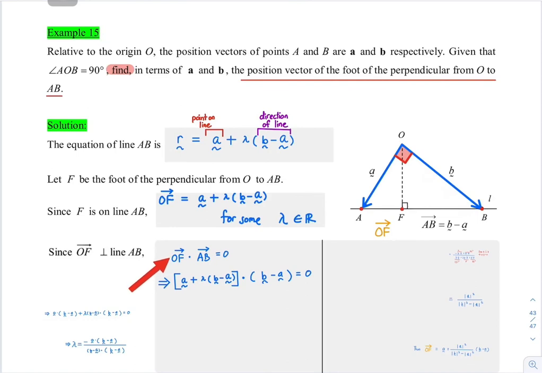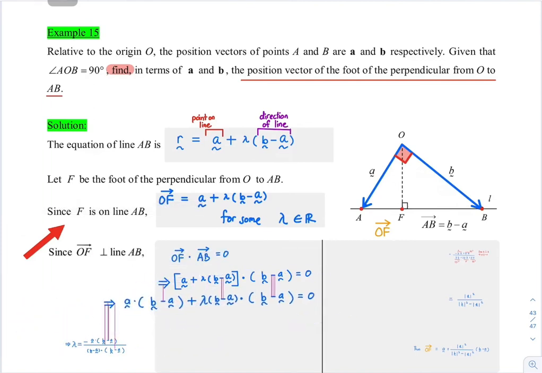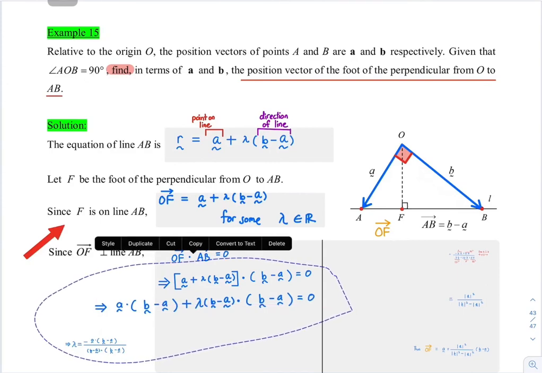That's a concept that we apply because they are perpendicular. OF is given as this, so we dot with the direction of AB. The thing to do now is to expand term by term. We do it slowly, expand term by term.